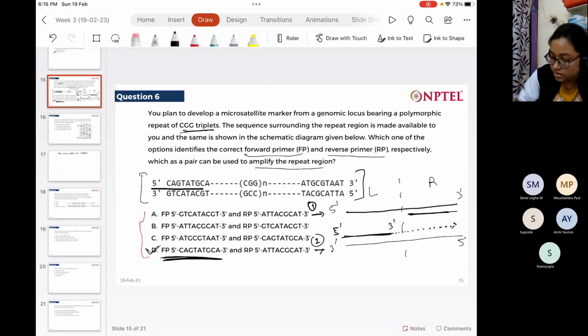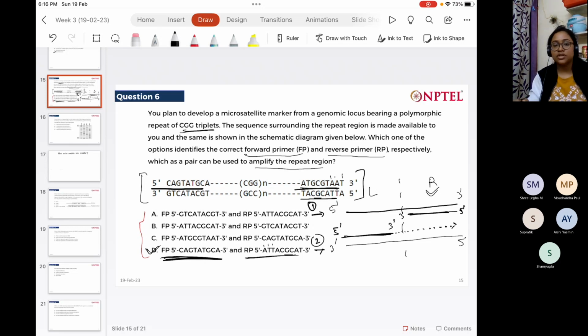And here if you check, if you reverse the given sequence of the reverse primer and bind it complementarily on this side, you can see A T is complementary, right? T T A A. So this is exactly the same as the 5 prime end on the right side of the second sequence.